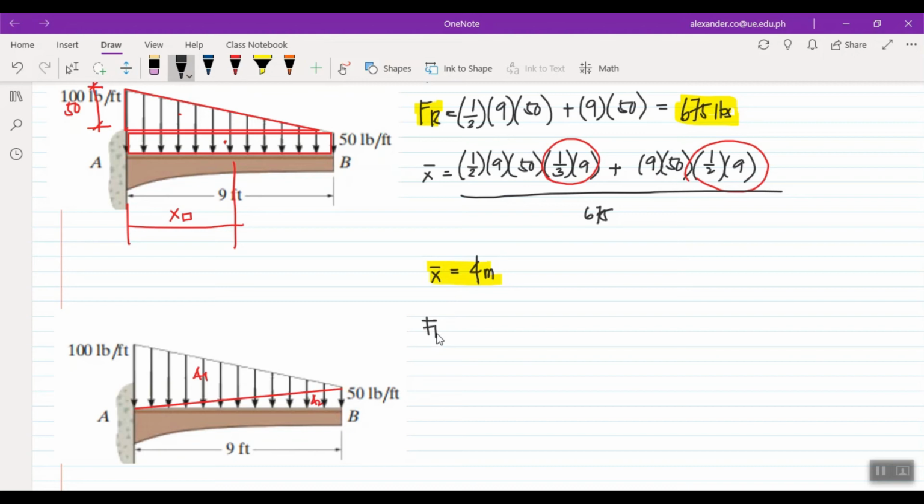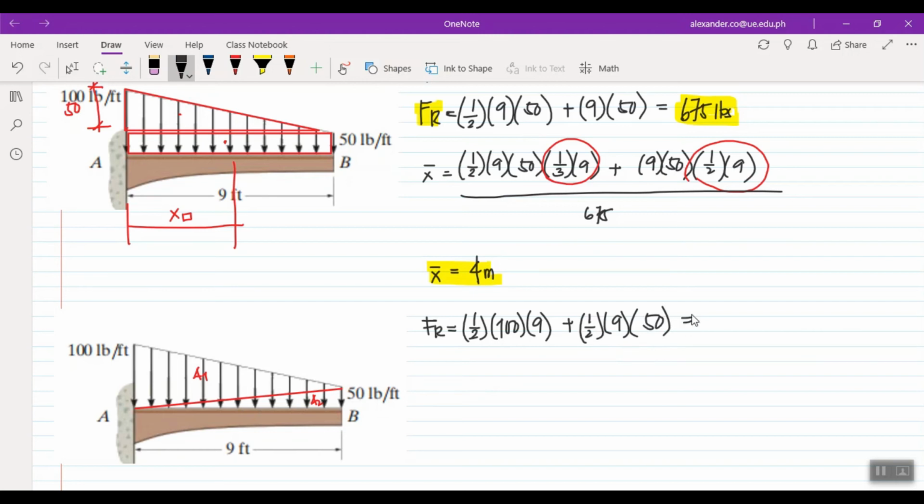So F sub R: what is the area of the first triangle? That's 1/2, its base is 100 and its height is 9, plus area 2, also a triangle, 1/2, with base 9 and height 50. It should be 675.